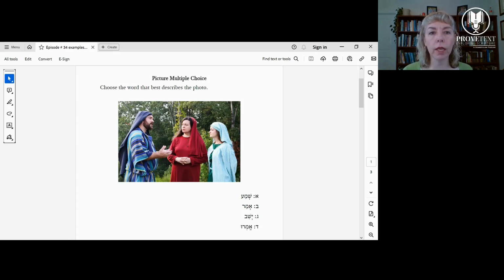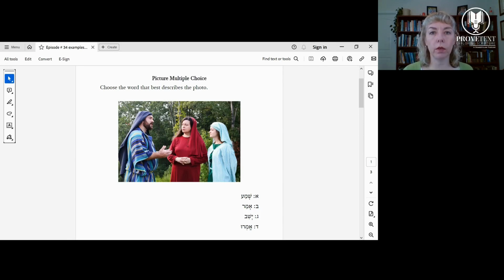And so you'll notice in this example, I have two cases of Amar, and of course the correct one is the second one, Amar, he spoke. But there's also Amru, they spoke, and so they have to process which of those is correct. The other pitfall that you can fall into with distractors is that the correct answer is the only correct grammatical form.